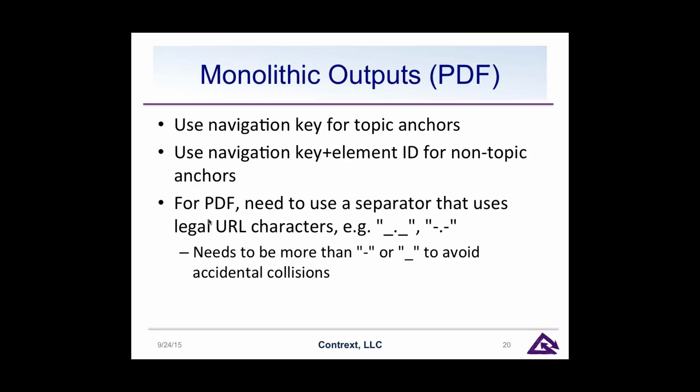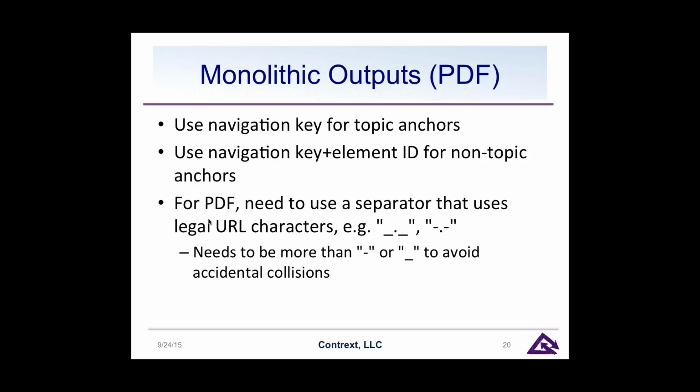All right, so for monolithic outputs, I can use the navigation key for topic anchors. So that's in the context of PDF, that's your named locations. And then again, I can use the navigation key plus the element ID for non-topic anchors.